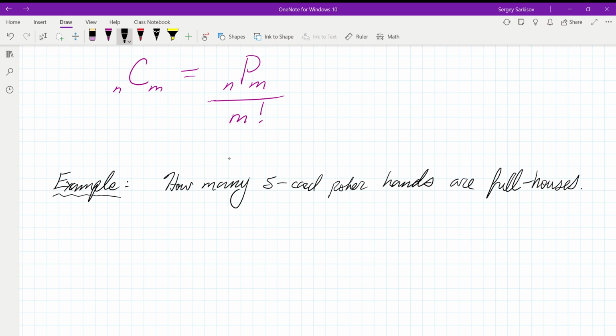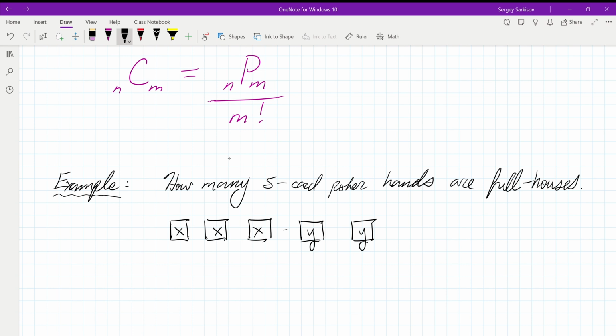A full house is when you have a triple, like X, X, X, and then a pair, Y, Y. In other words, it could be 3, 3, 3, 10, 10, or 10, 10, 10, Jack, Jack.